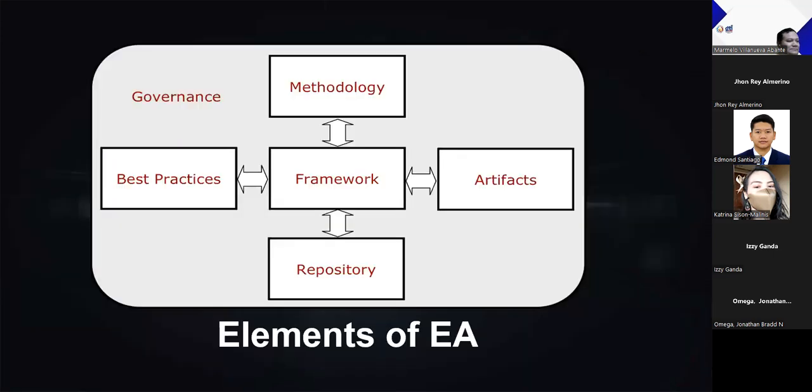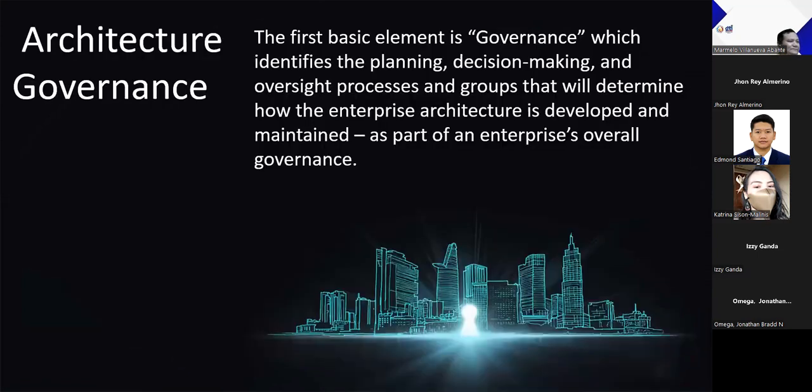Then let's proceed to the elements of enterprise architecture, which, in this diagram, consists of framework, methodology, artifacts, best practices, repository, and governance. So let's first proceed to the governance. Architecture governance.